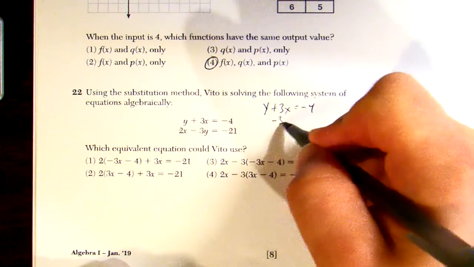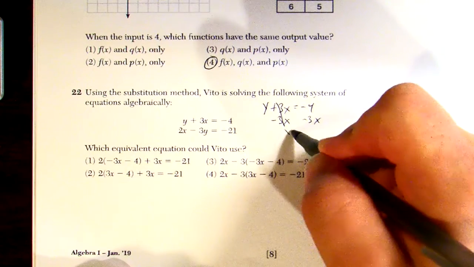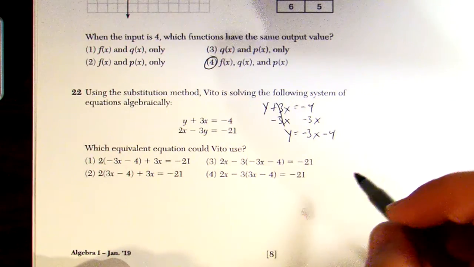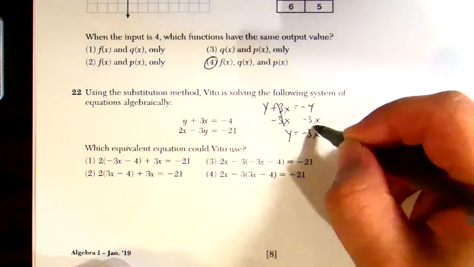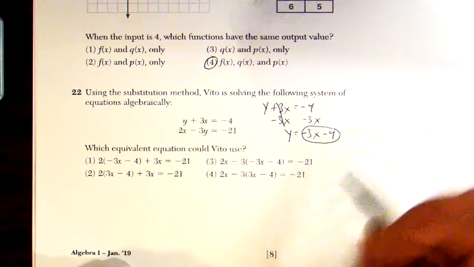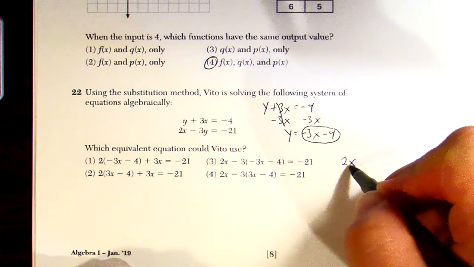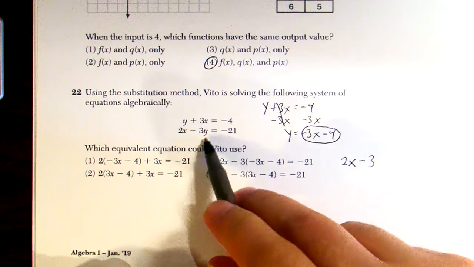Subtract a 3x on both sides. These cancel. Y equals negative 3x minus 4. So what that means is for the second one, anytime I see a y, I'm going to plug this in. Okay? So I see a 2x, so I'll just rewrite 2x, minus, I see a 3, now I see a y.